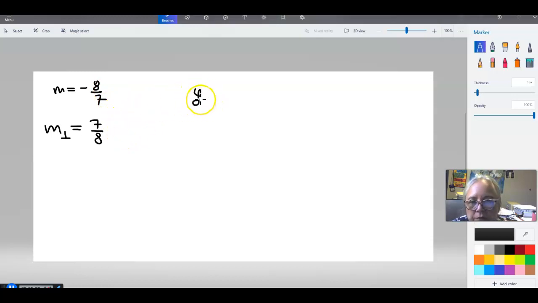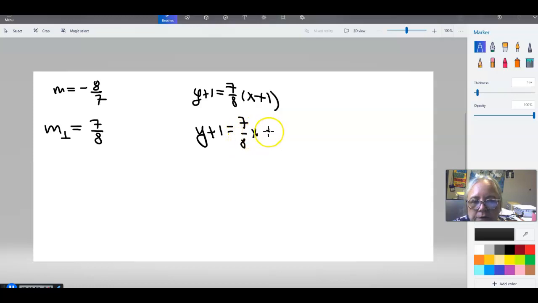In the same way, we start with the point slope form. Y minus -1, we know it becomes y plus 1 equals 7/8 x minus -1, which becomes x plus 1. Like we did in the previous case, y plus 1 equals 7/8 x plus 7/8, and then subtract 1 here.